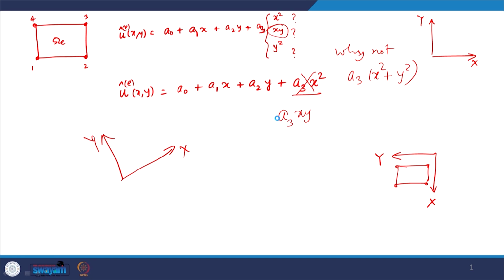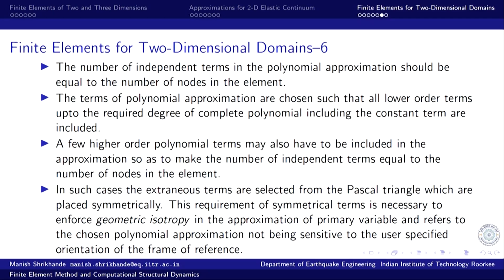So, in such cases, the extraneous terms that we choose, so the fourth term is the extra term. We choose these extraneous terms, they are selected from the Pascal triangle which are placed symmetrically. So, symmetric positions in the Pascal triangle, we pick up those terms.